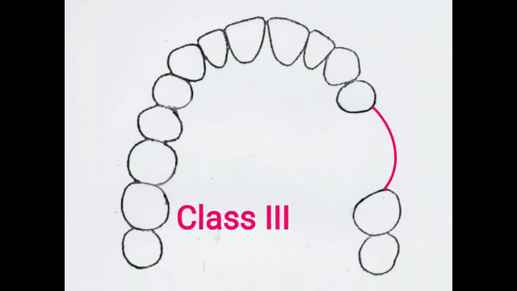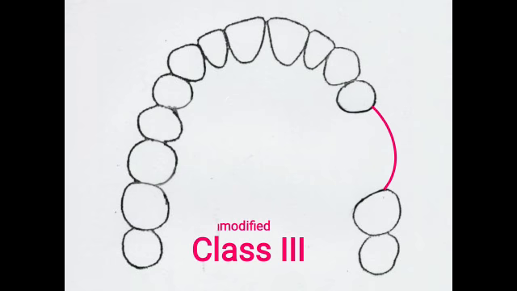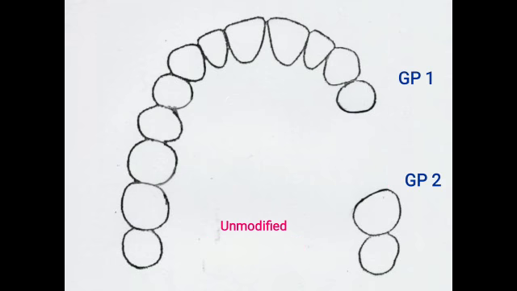So next, this diagram represents an unmodified class 3, in the sense that we don't have any other modification spaces. These are the primary supports, support 1 and support 2.